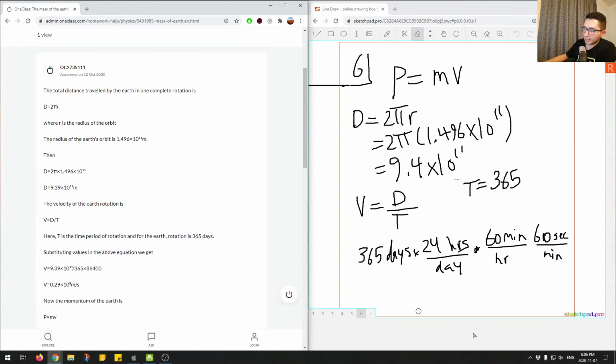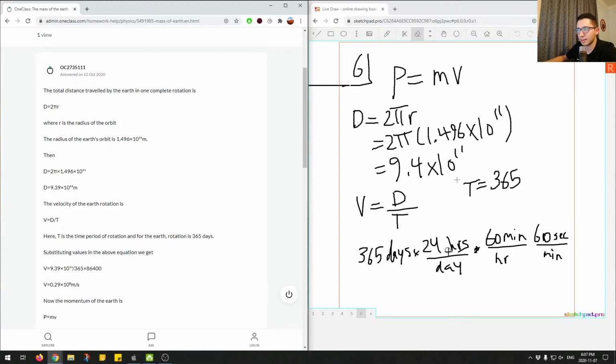The main reason I did it this way is because I want seconds to be the final units for this calculation. What I was trying to do here is cancel out the other units. So I want to cancel out days by having days in the denominator, and then multiply by this conversion factor because it has 1 day in the denominator.